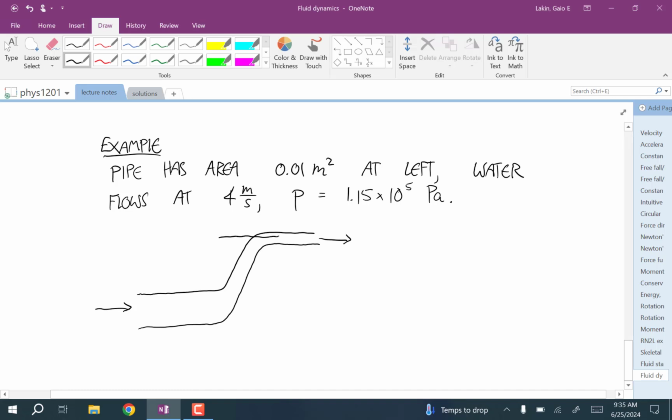The difference in heights, so I'm figuring out the change in height that one single molecule, if you tracked it, would follow, is 0.2 meters.